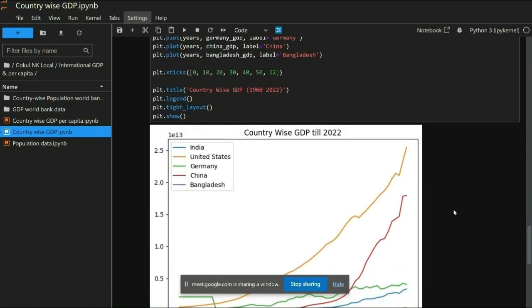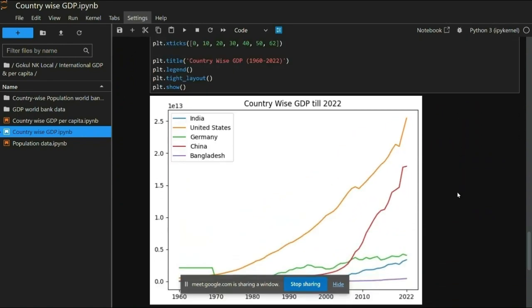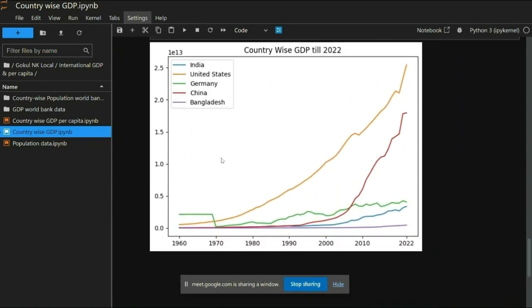Then we are plotting the adjusted values for Germany, but there is an inconsistency here because we used the median, whereas ideally we should use linear regression or some other machine learning algorithm.